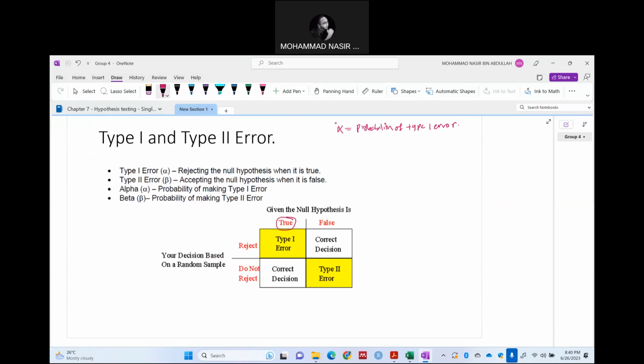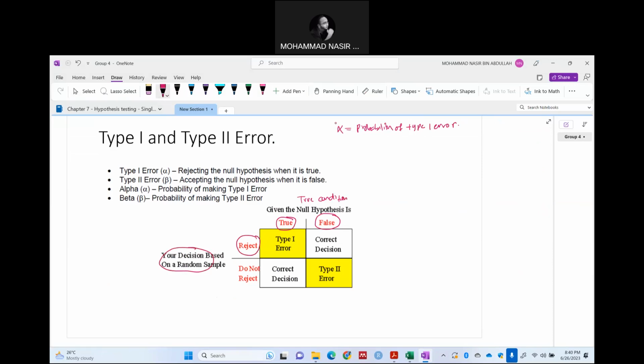We have two conditions, whether the null hypothesis is true or false. This is the true condition, and this is based on our decision. So let's say we make a decision to reject the null hypothesis, but in fact, the null hypothesis is true, right?